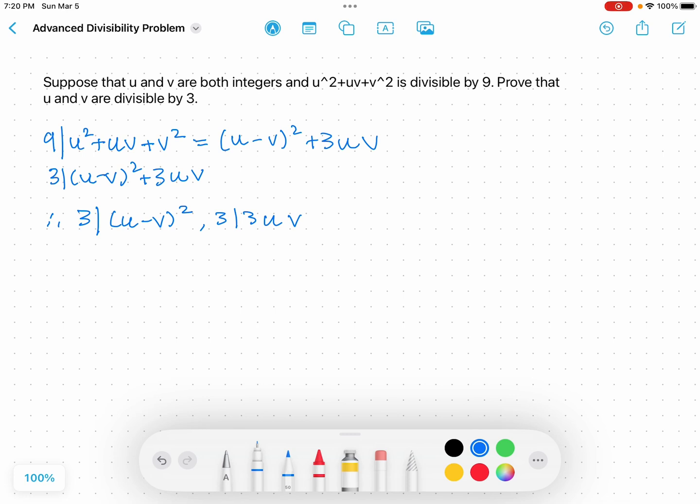Next, we can get that 3 is going to be a factor of u minus v. This is obvious because since (u minus v) squared is a multiple of 3, then u minus v also has to be a multiple of 3.